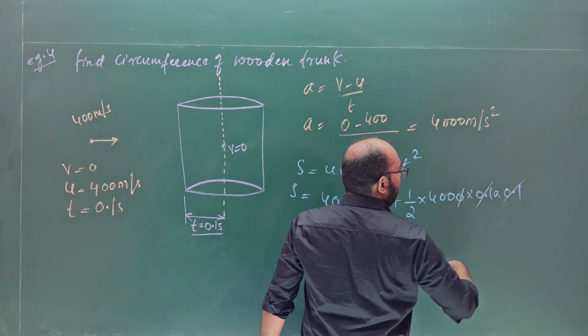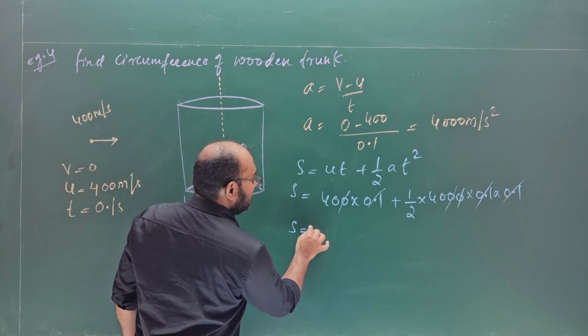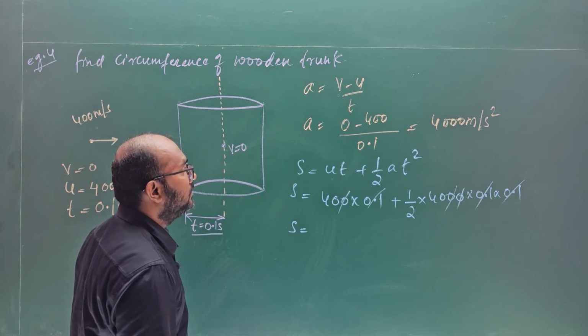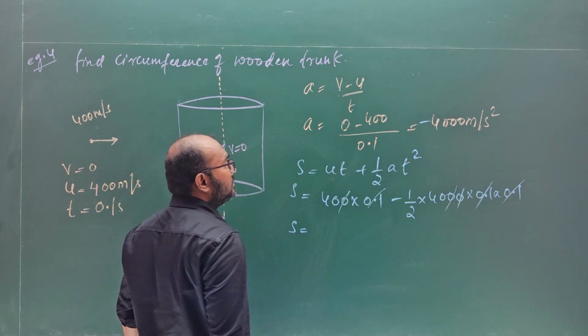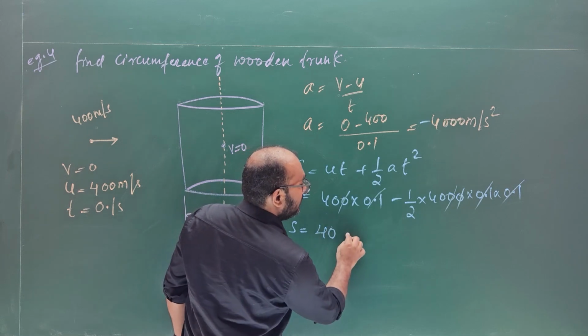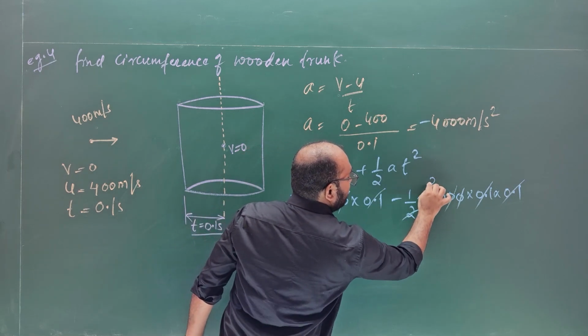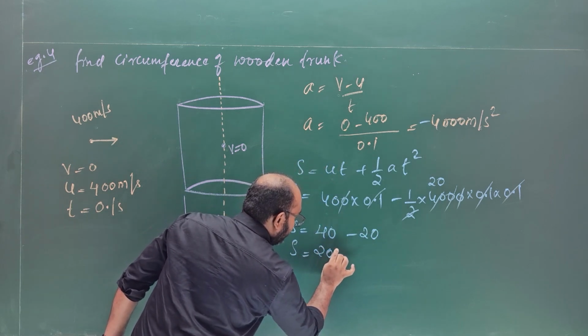Sorry, acceleration is negative now. So 40 minus of once, and this becomes twice. So this is 20. So s is equal to 20 meters.